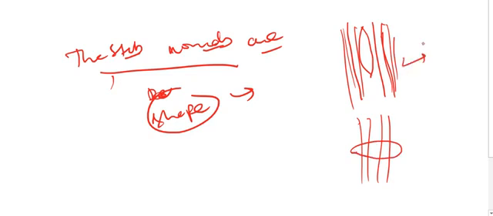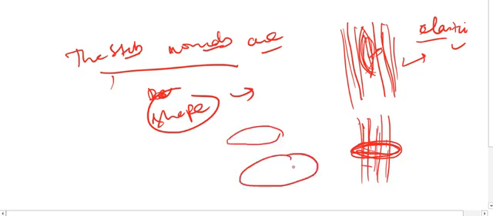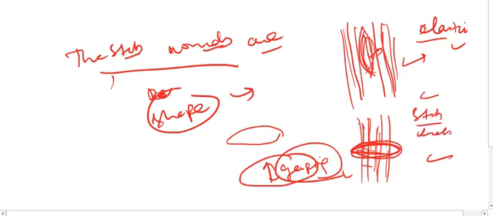Lines of Langer are the arrangement of elastic fibers in the body. So if these stab wounds are caused along the lines of Langer, then the shape will be normal. But if they are placed transversely and cut these elastic fibers, then the shape will be like this, and there will be gaping in the stab wound. So based on the stab wound location, there will be gaping in the stab wound.